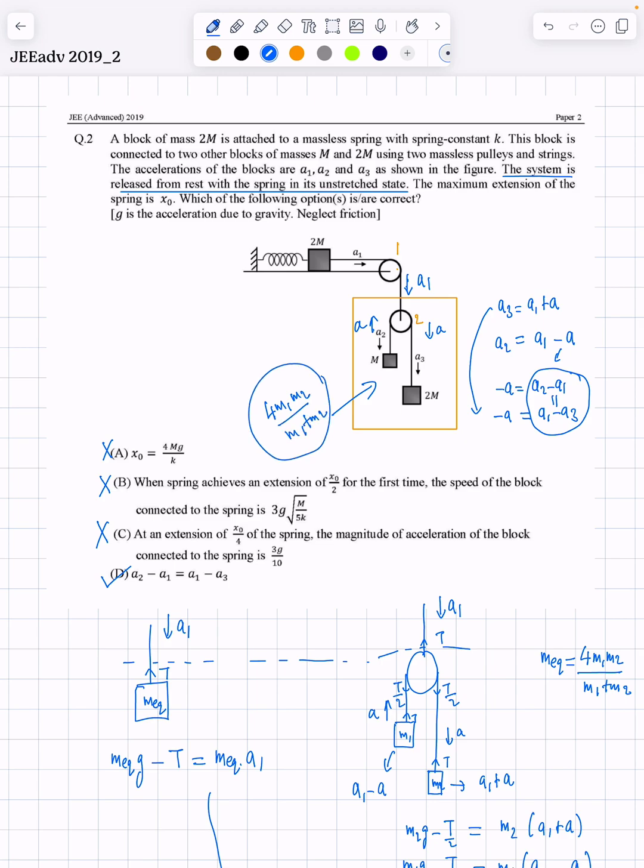So I think it's good to remember this, and it might help solve some other problems. For example, if there is another pulley, there is another mass, and here we have the same system, then it is easy to solve the problem by basically replacing this with this mass. So this can come in handy in other situations.